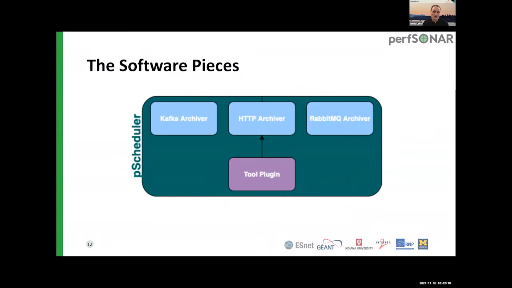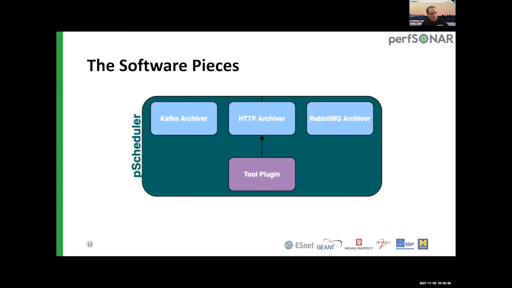Those blue boxes are just showing there's a bunch of different archiver plugins. There's another one called Esmond Archiver, which most people use today, that's not shown, and many others. But for the sake of the default setup that you'll get with the toolkit, it's going to write to what we call the HTTP archiver. This is just a simple HTTP post of the measurement results.